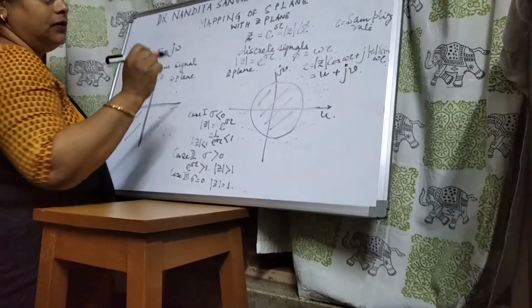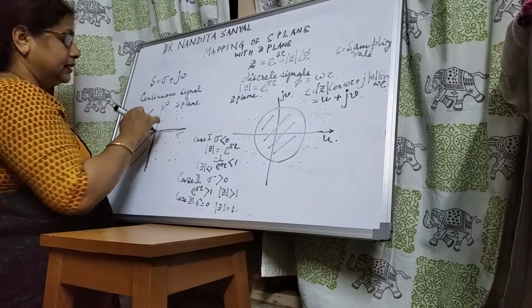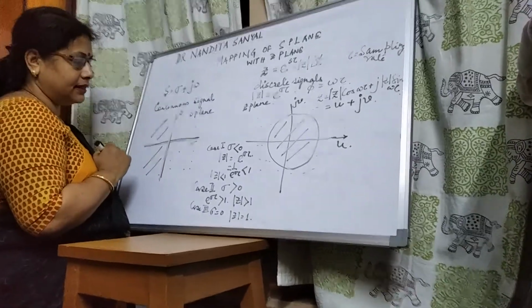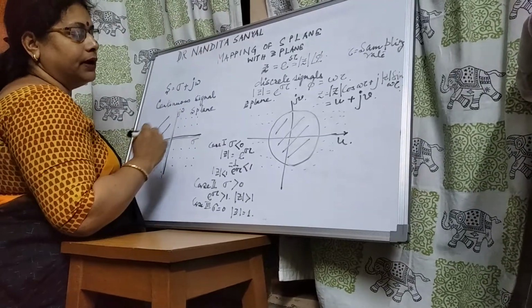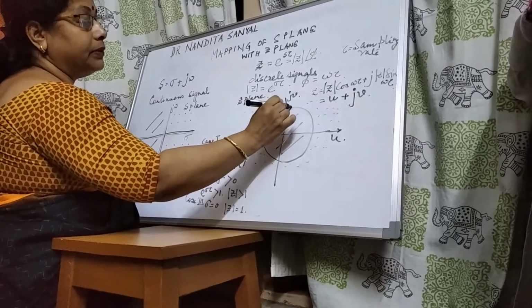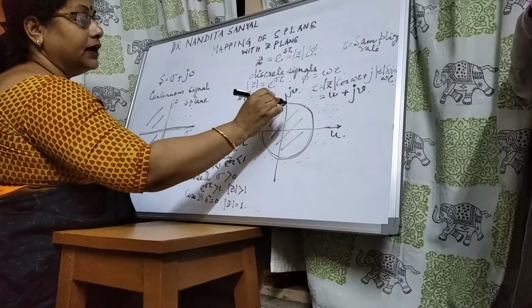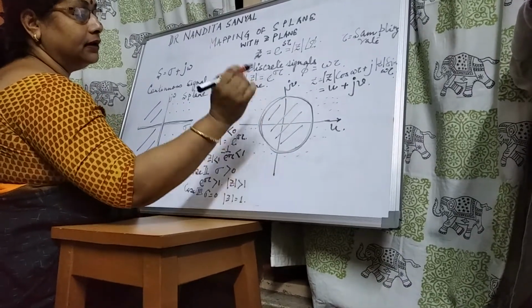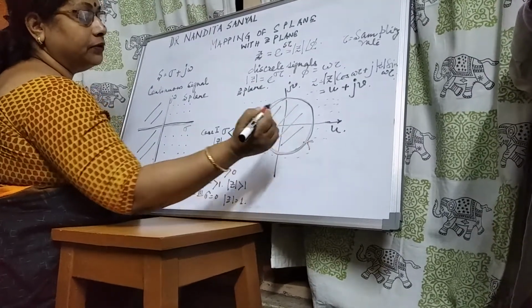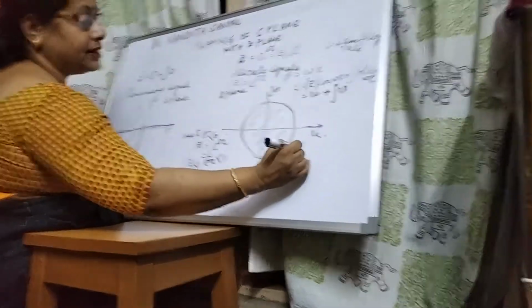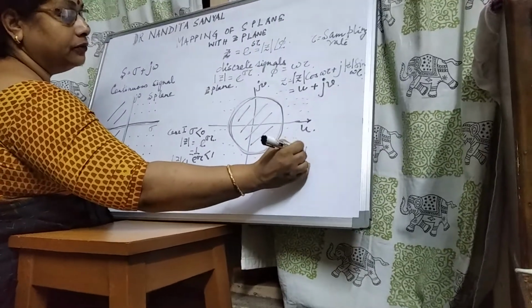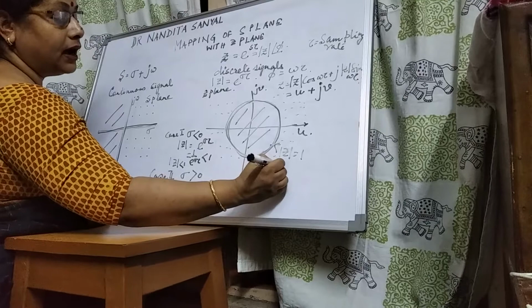Most importantly, the imaginary axis where sigma is equal to 0 will be represented by the periphery of the unit circle. So the periphery of the unit circle represents mod Z equal to 1, that is sigma equal to 0.